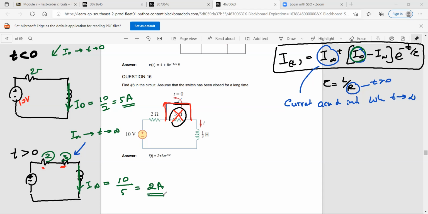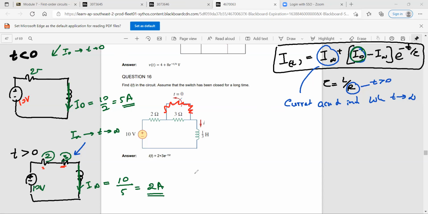Just checking. At I infinity, we consider the switch open. So there is no path here. The circuit isn't shorted, so we still consider the 3. Yes, because it's open. There is no short circuit path.